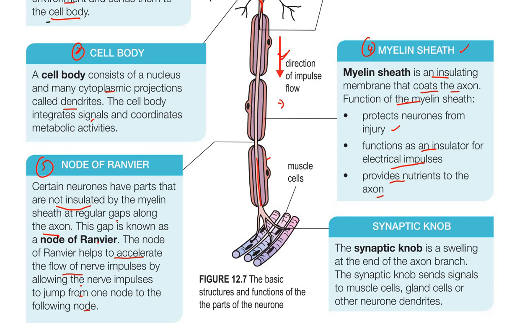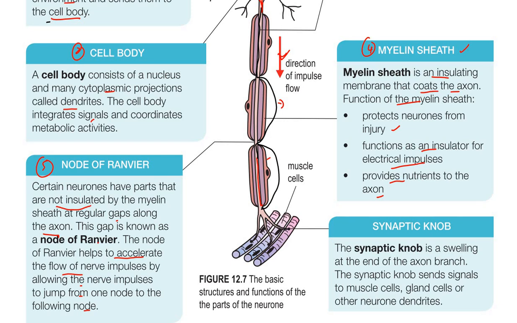So this impulse flows inside here. It can jump and go to another node. So this can accelerate, can send the impulse faster. Jump and then go to this part.